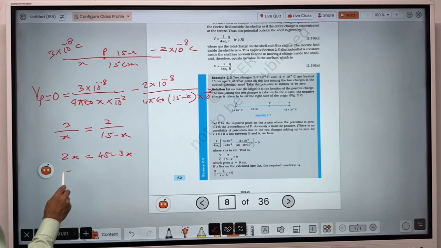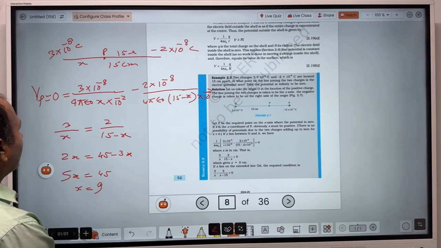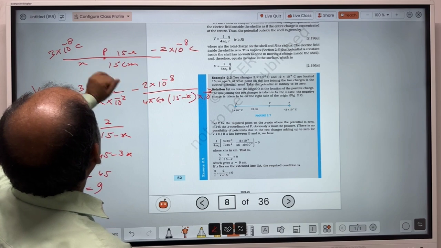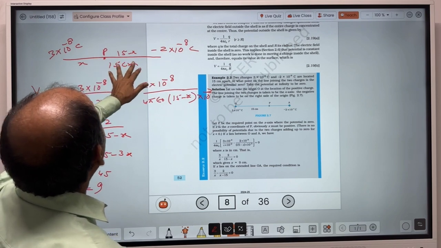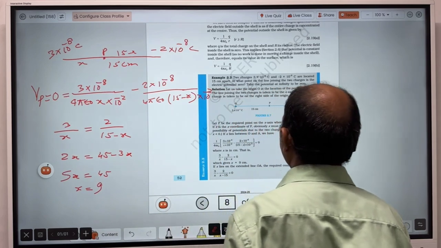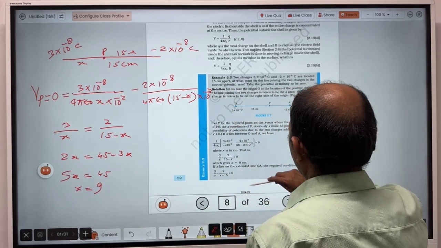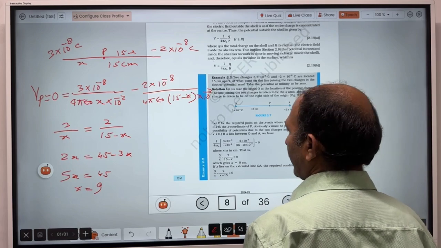Take this to this side. So 5x equals 45, x equals 9 centimeters. So from here it is 9, from the other charge it will be 6, just opposite. So we have got the value of x.